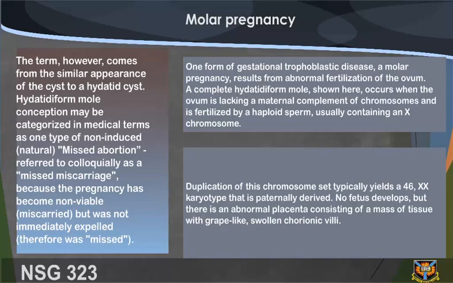Duplication of this chromosome set typically yields a 46XX karyotype that is paternally derived. No fetus develops, but there is an abnormal placenta consisting of a mass of tissue with grape-like swollen chorionic villi.